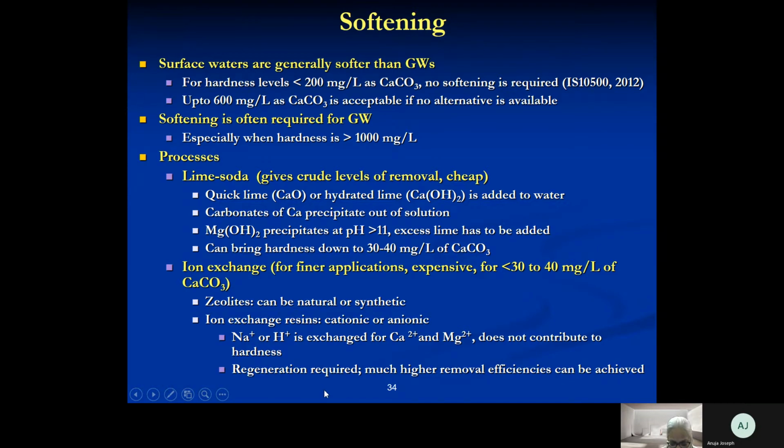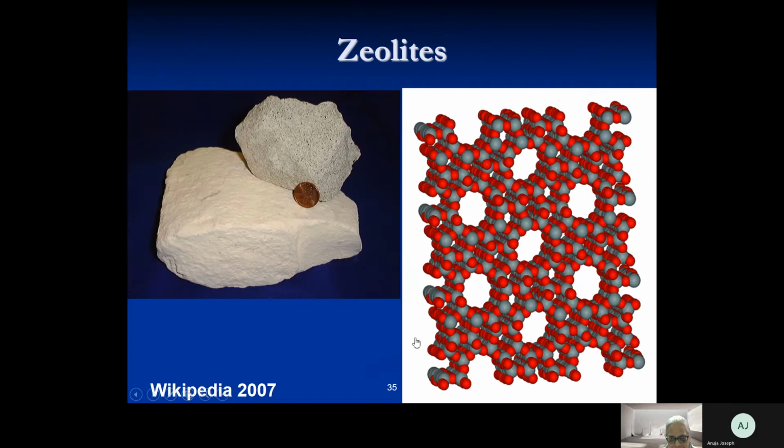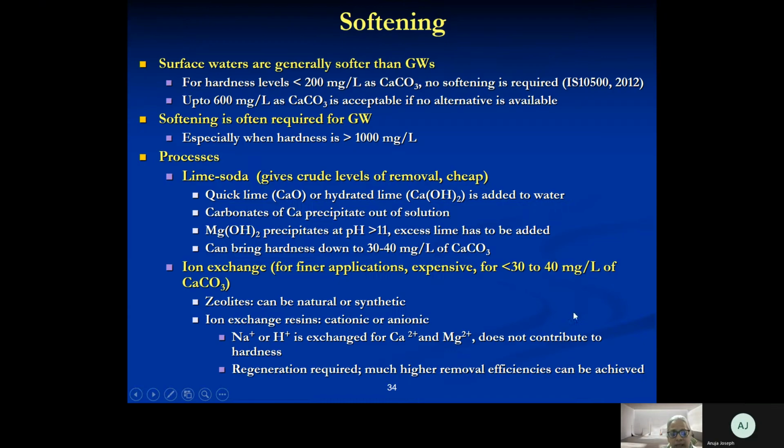Regeneration is required. Now, it's a finite surface area. So when this finite surface area is exhausted, it needs to be regenerated. Regeneration is generally done by applying sodium chloride salt. So it's very easy to bring the sodium back on the surface of these zeolites.